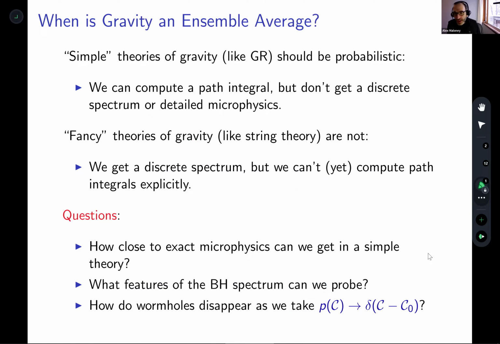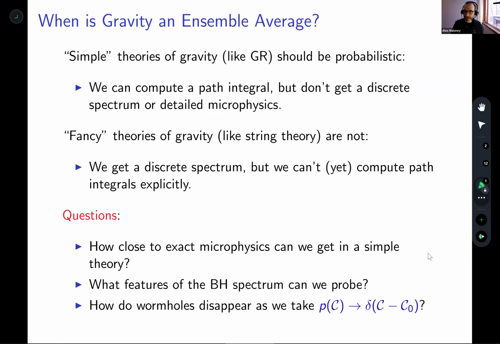So that then begs the question of when should gravity be dual to an average over many conformal field theories, and when should it be dual to a specific conformal field theory? And the general picture that I think is probably the consensus opinion, although people should feel free to disagree with me if they have strong feelings about it, is that there are certain simple theories of gravity.